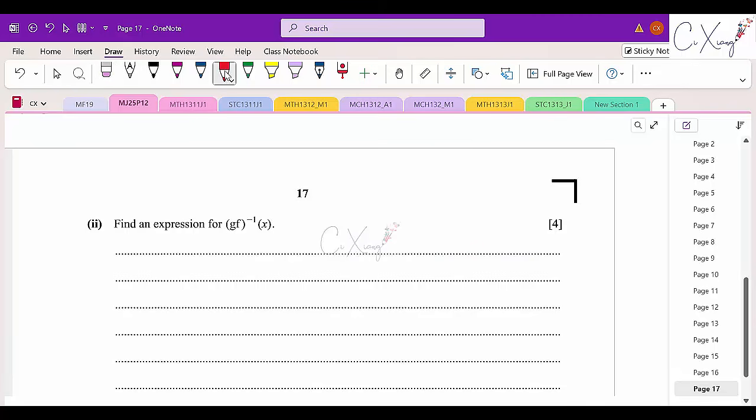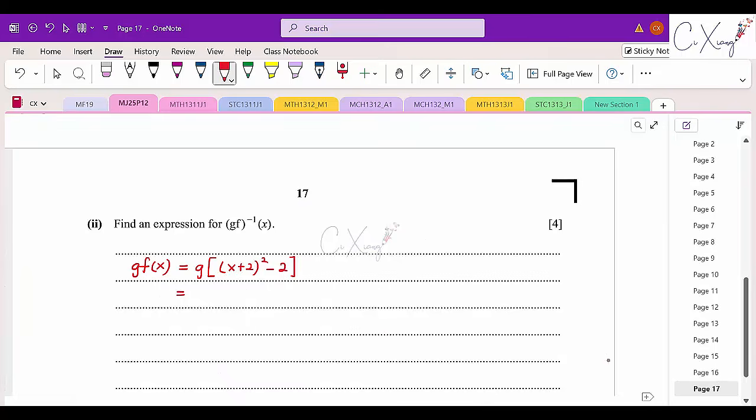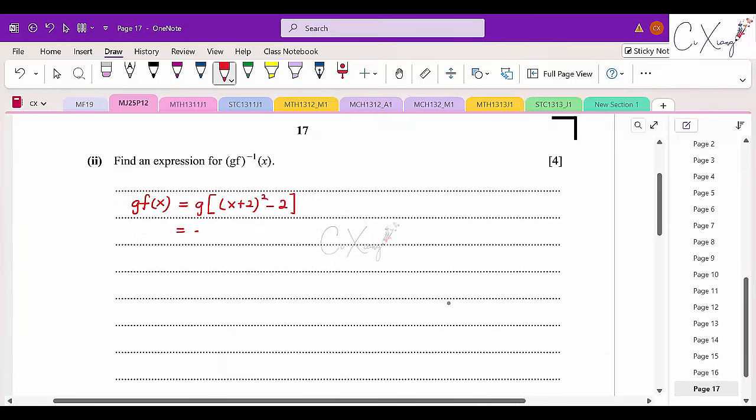And let's start now. To find out the GF x, substitute the x into the function g. What's the function f that I have? Again, I prefer to use the completing square form here, so that later it will be easier for me to simplify it. Okay, so this is the function f, right? Then you want to put this function inside the g. So what is the function g just now? Let's have a look again for the function g. It is negative x, negative 4. So I have to put negative.